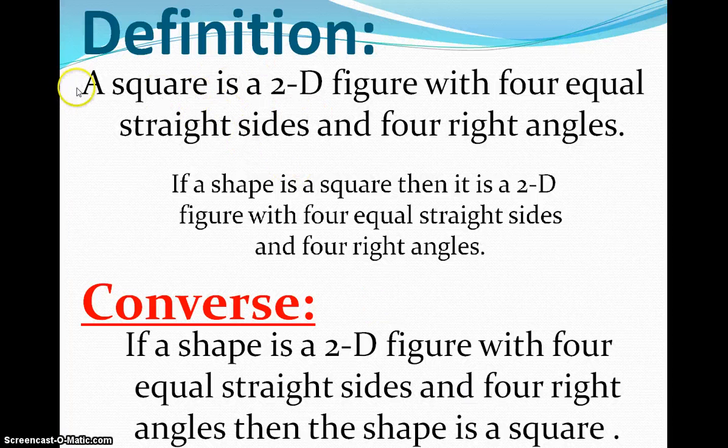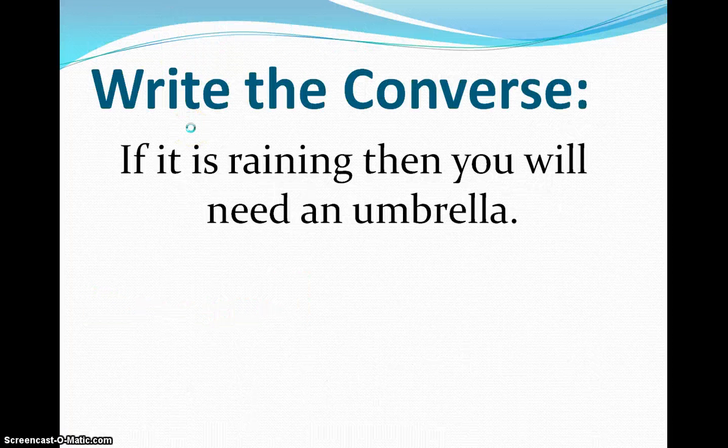If we say a square is all of this stuff, then we should be able to conclude that if a shape is a square, then it has these properties. But also, if a shape has all these properties, well, then it's a square. Definitions have their initial conditional statements true, and also their converse statements are true. That's what changes with definitions: the flip of it is true.